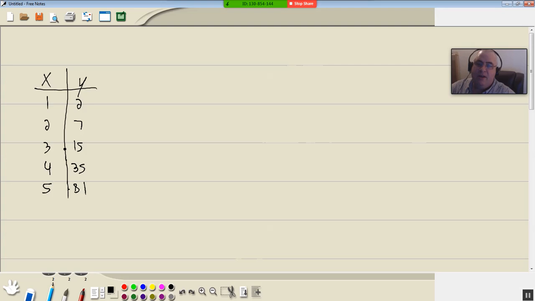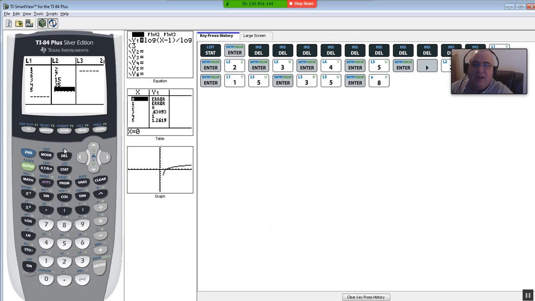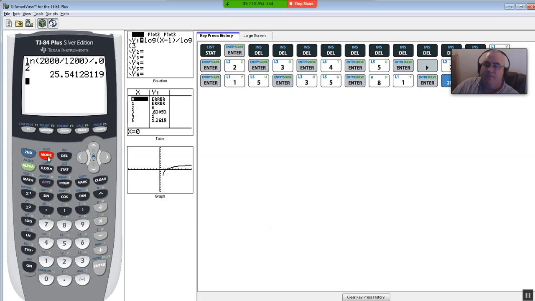Right arrow over to L2 and up on my 2, 7, 15, 35, 81. And then you want to exit out after you get those in there. Second mode. Now we want to make sure our diagnostics is on. So we're going to go into our catalog. So we'll do second 0.